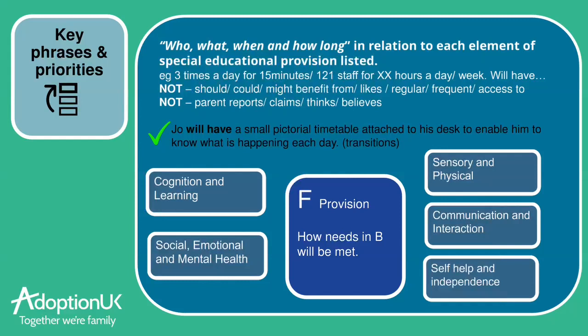It needs to say the 3 times a day. This is just an example. 3 times a day for 15 minutes, one-to-one staff for 10 hours a week, 2 hours a day. Now that information will need to come from a professional report.